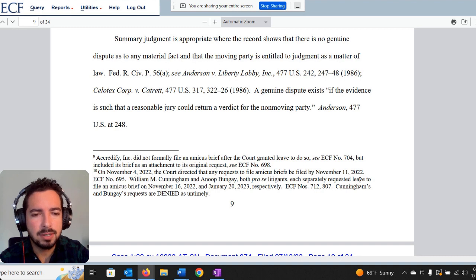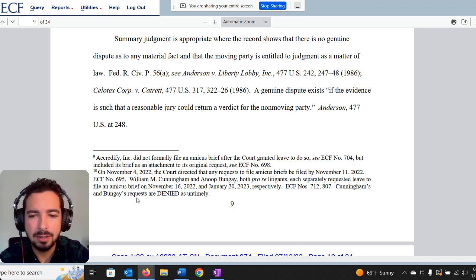Each separately requested leave to file an amicus brief on November 16th, 2022. So that must have been William Cunningham, 5 days after the deadline. And January 20th, 2023, it must have been Anup, respectively. So that's a couple of months after the deadline.